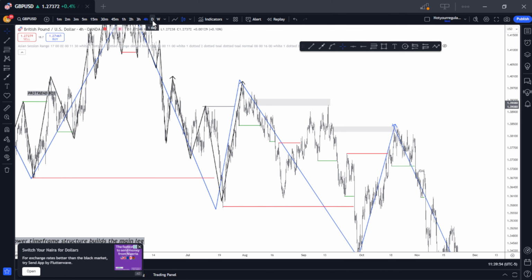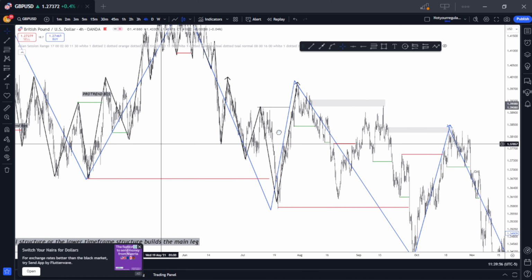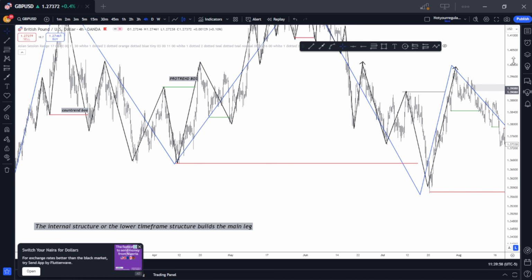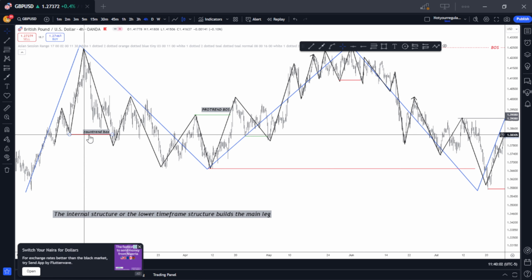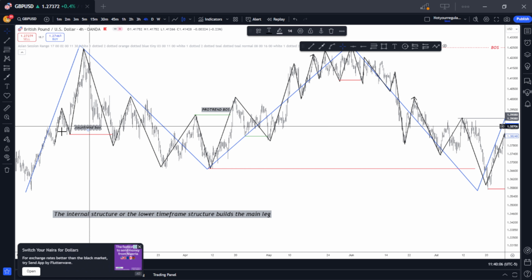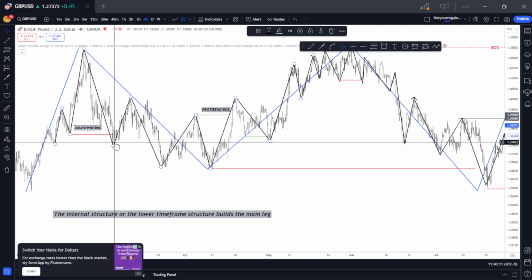So I hope we understand now that an internal structure BOS, or a counter trend break of structure, signals a pullback on the higher time frame structure.